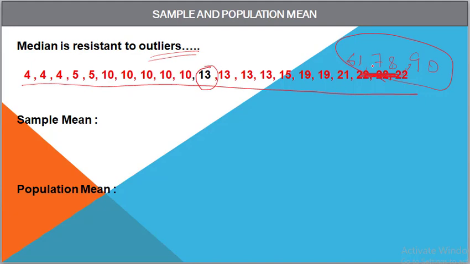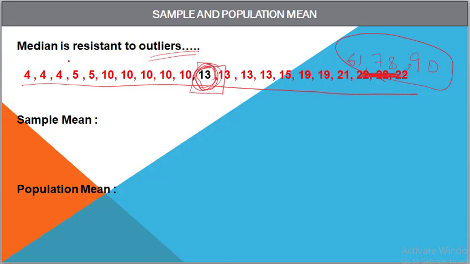Once we have introduced these outliers in the data set, is that going to change the median? No. The middle point still remains 13. The middle point still remains 31. But it's going to change the mean of the data set.